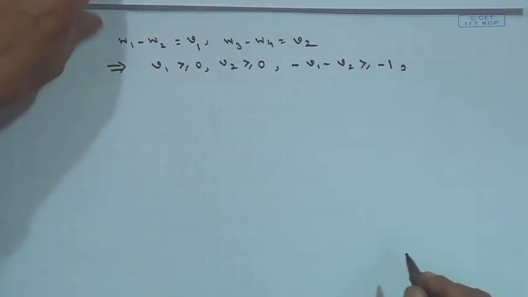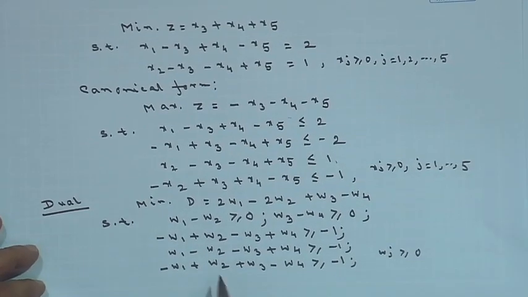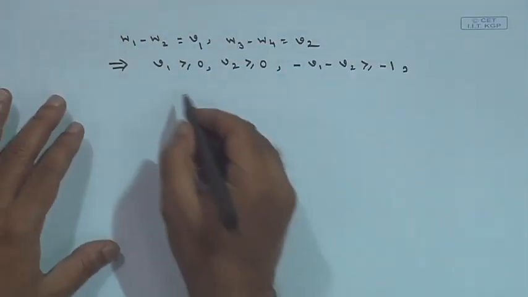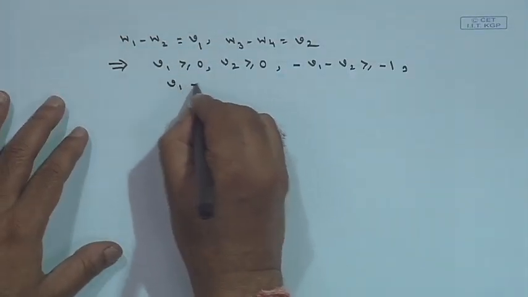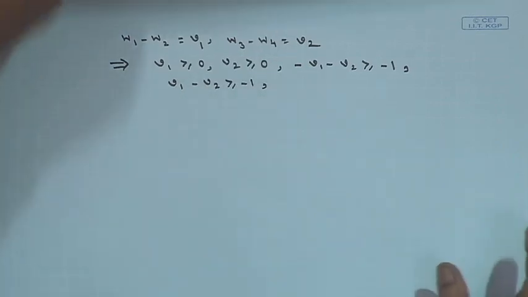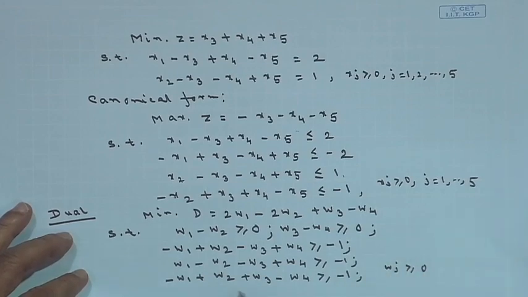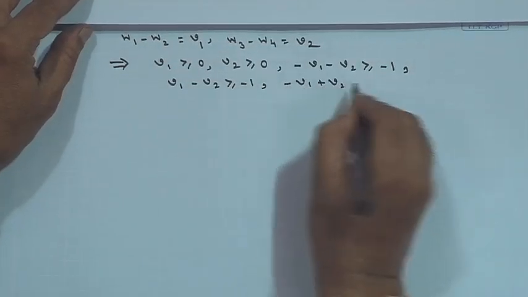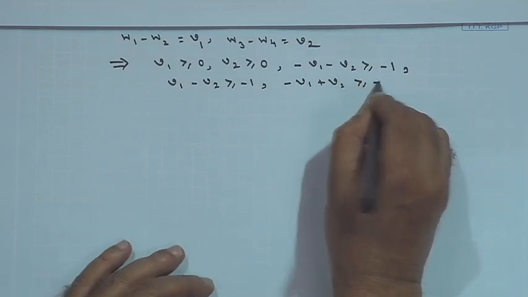Similarly, the next one I can write down V1 minus V2 greater than or equal to minus 1, and the last one is minus V1 plus V2 greater than or equal to minus 1.